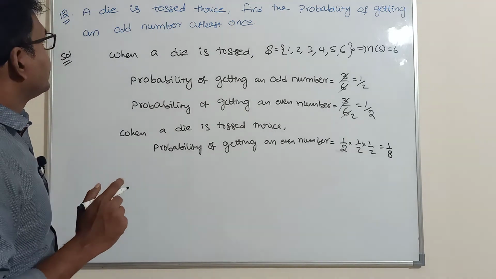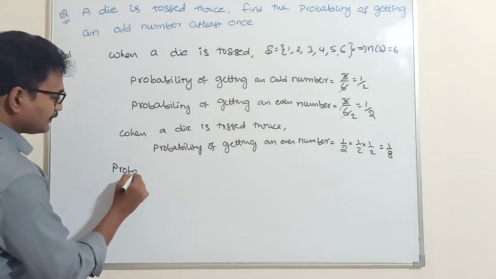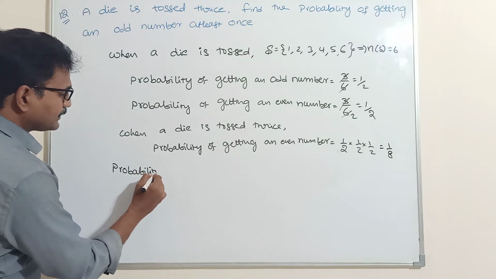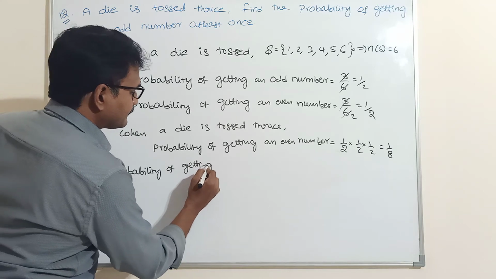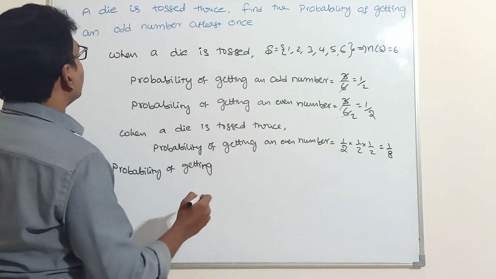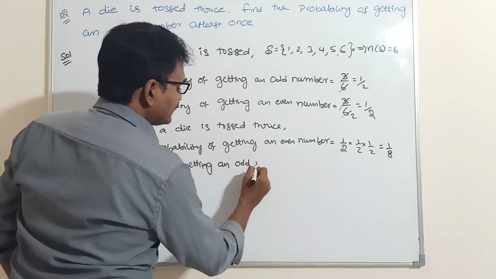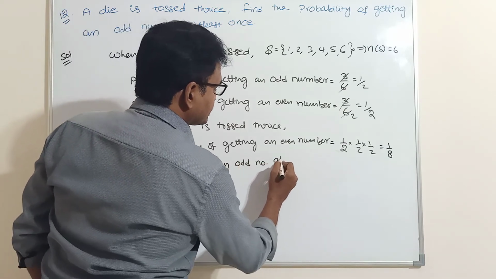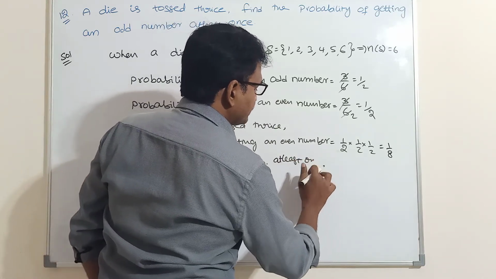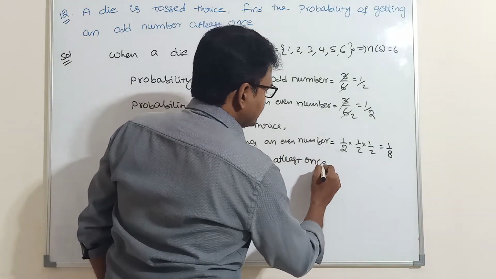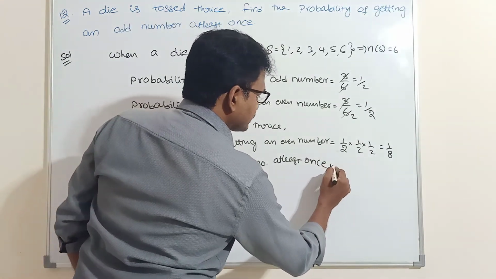Find the probability of getting an odd number at least once, when a die is tossed 3 times.